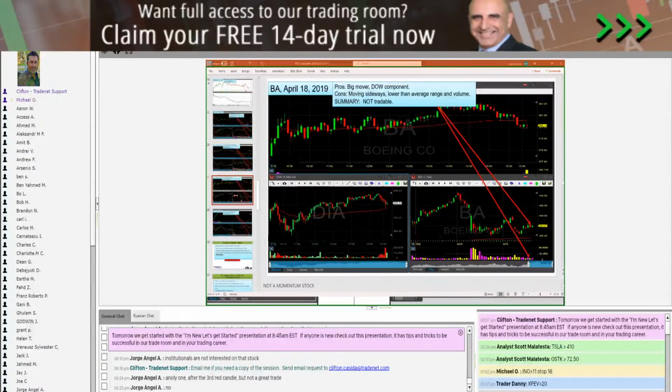So the idea again is not to force anything. If the daily bar is not showing momentum and looks more like a dodgy or narrow range bar, guess what? No clarity, you move away.